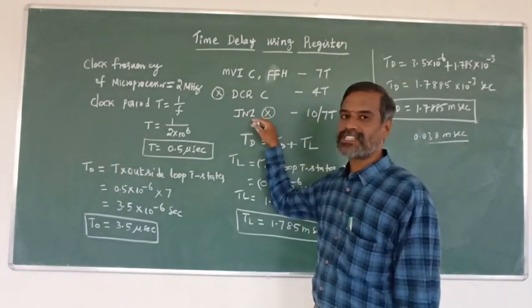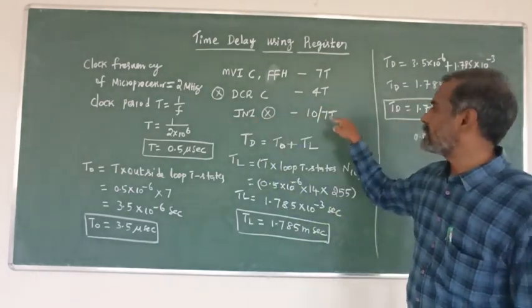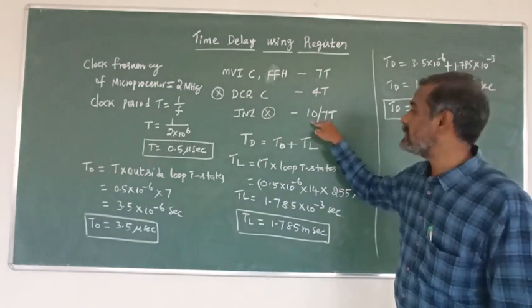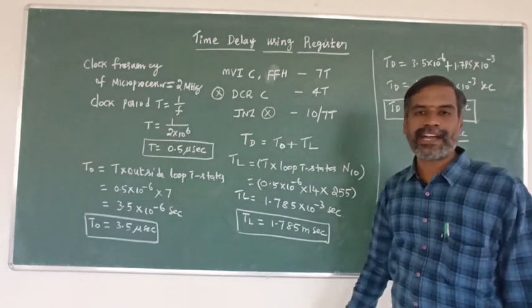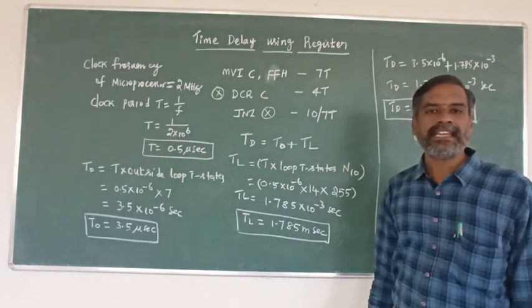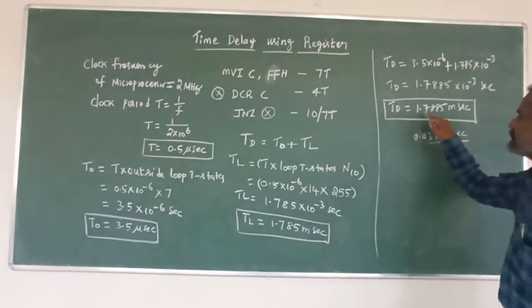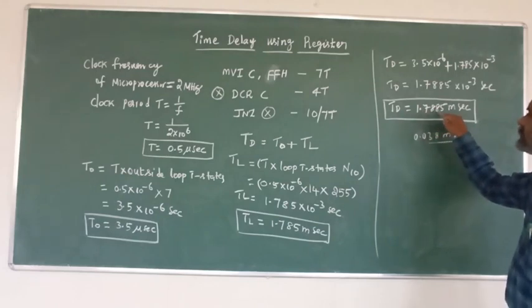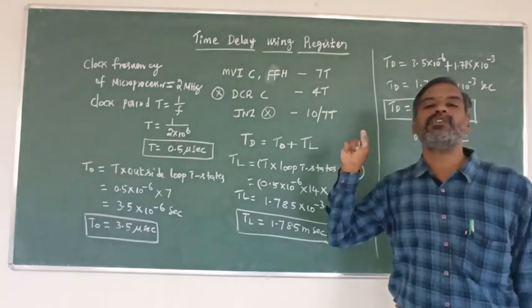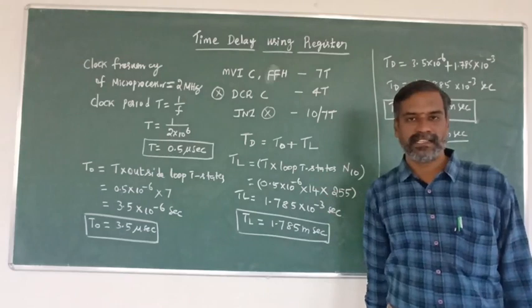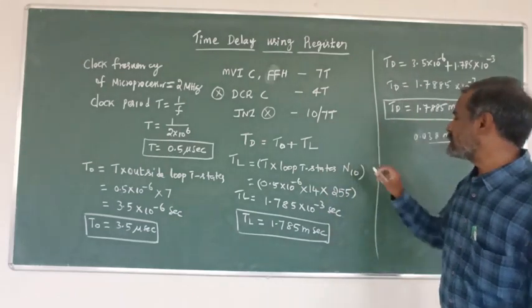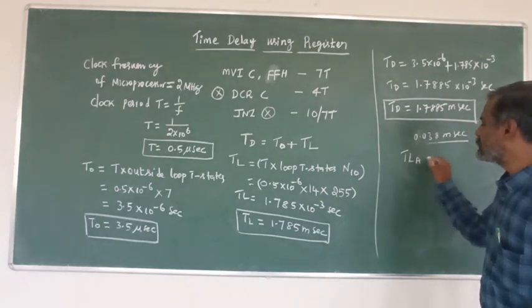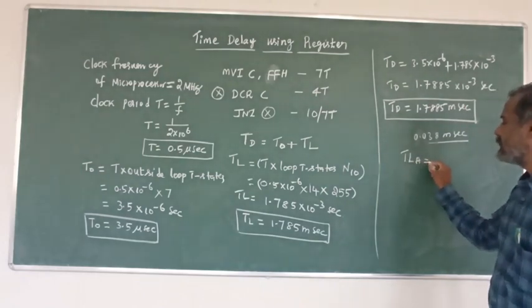When this condition is not satisfied, it requires 7 T states. The difference is only 3 T states. We have to adjust for the 3 T states. The result is almost the same. Only a minute difference will be there.